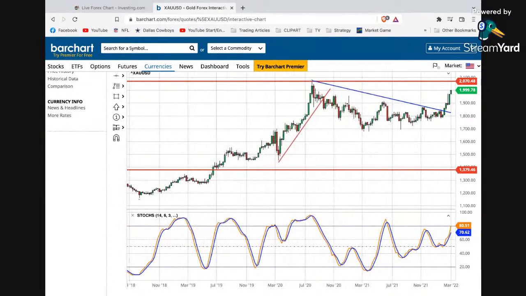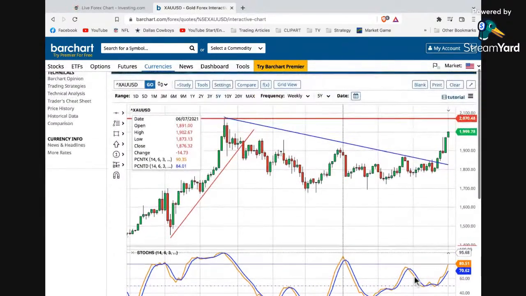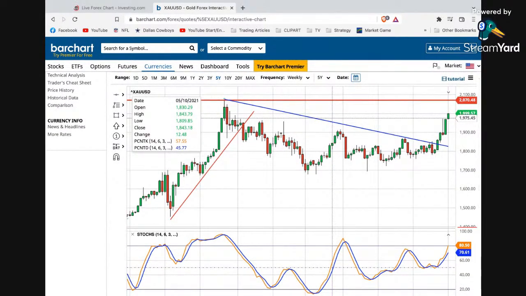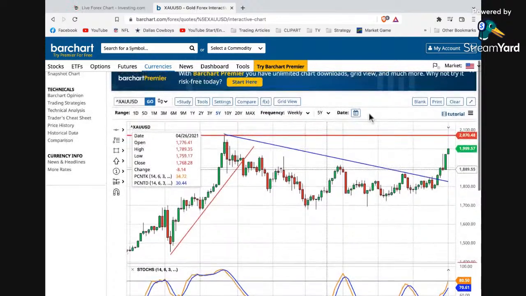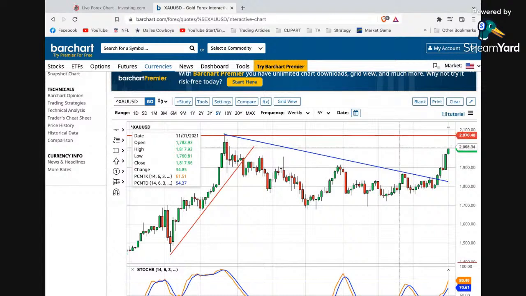Okay, that's odd. So I would be looking for this thing to start rolling over pretty soon. But if it doesn't, and it goes higher, then we're going to be in one of those rare situations where gold and the dollar are both rising.